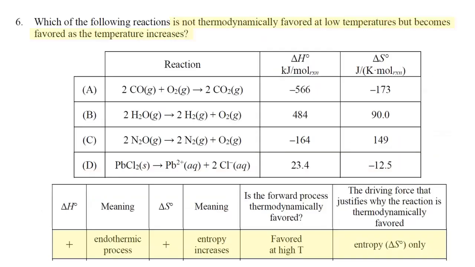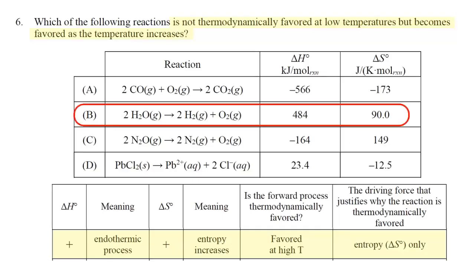And so now looking at the 4 choices, the correct answer to question 6 is choice B, involving a positive delta H and a positive delta S. And under those conditions, the process would be thermodynamically favored only at high temperatures. All right, the correct answer to question 6 is choice B.